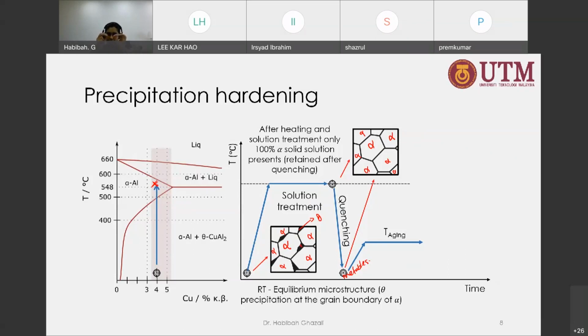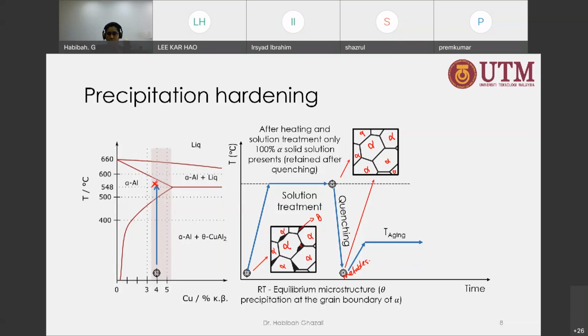So the atoms of copper can still diffuse out and create the other precipitates throughout this matrix through short range diffusion, because the temperature is not high enough for long range diffusion to happen. So only a short range can happen.